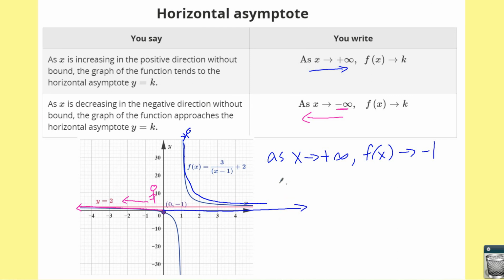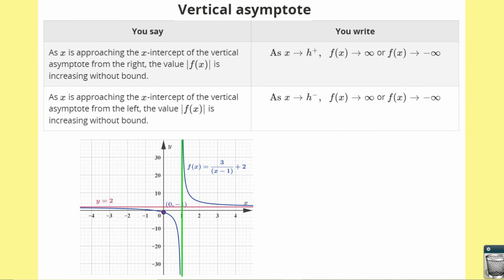So for the left side of the graph, as x approaches the left side, the y is approaching -1. That's how you write the horizontal asymptotes, or that's how you describe it. So the horizontal asymptote here would be y equals -1. Or I'm sorry, y equals +1, I'm guessing, or y equals 2. Sorry, didn't see that there.